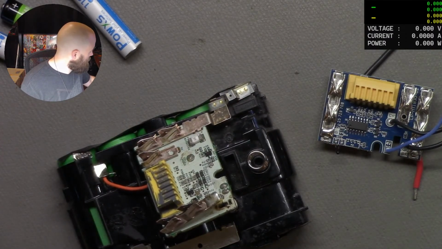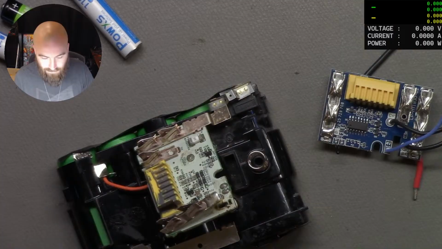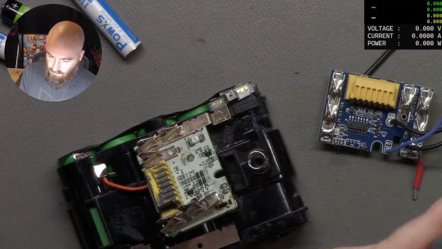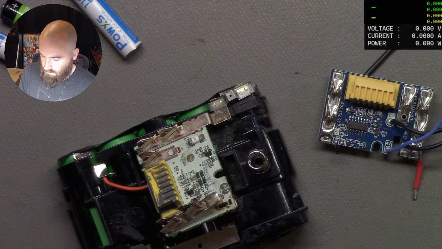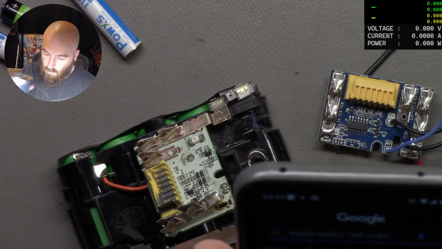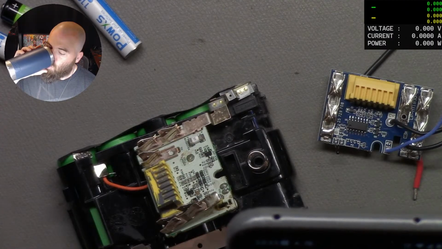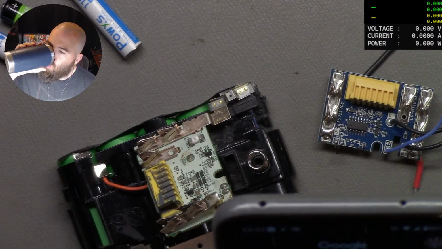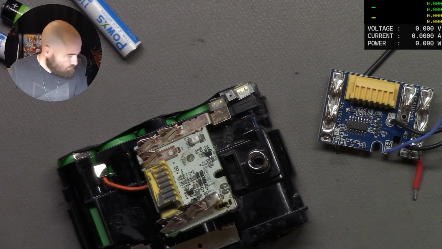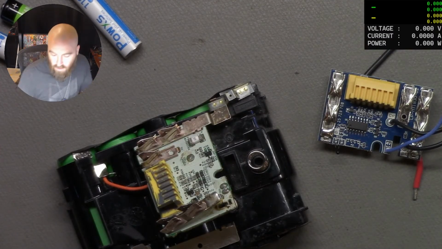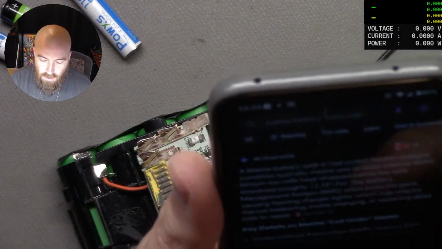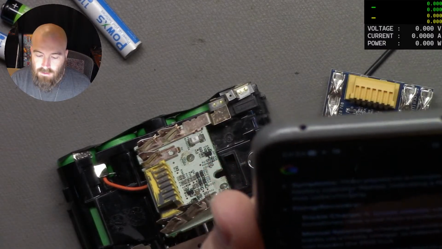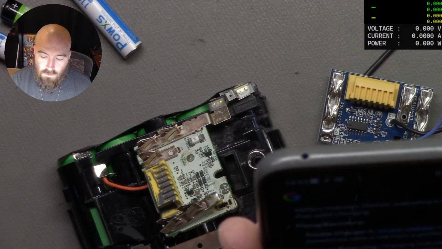What is cell under? Oh, I'm out of coffee. Not under voltage. What is the cell under wire for?